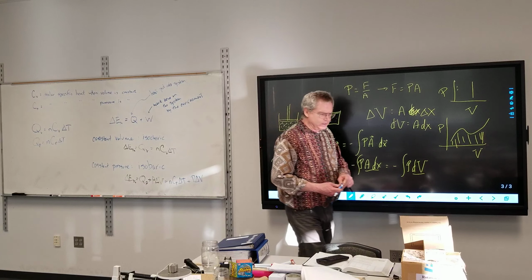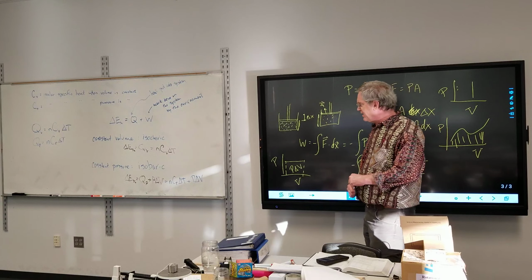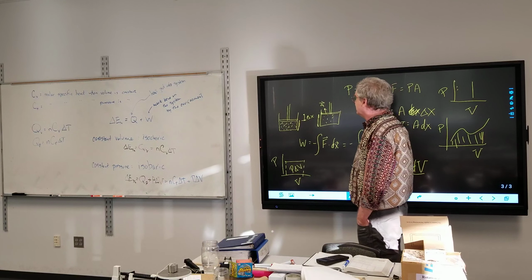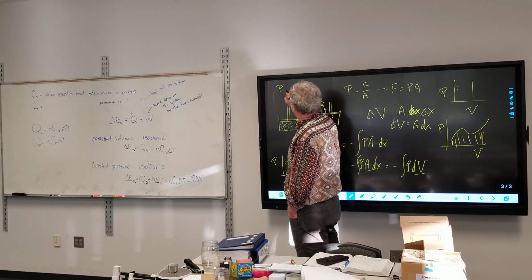If we assume an ideal gas, what's the ideal gas law? Chemistry version: PV equals nRT.